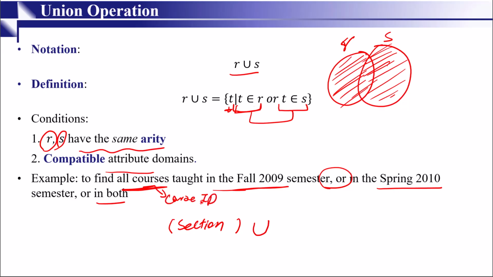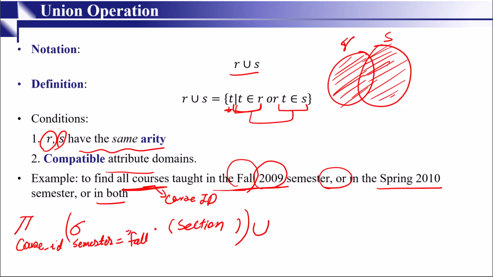So we say projection of course ID from a selection where the semester is equal to fall and the year is equal to 2009.